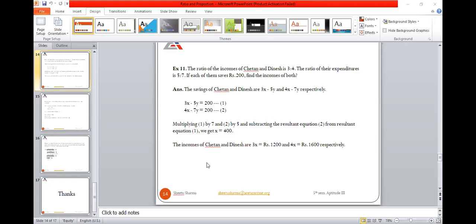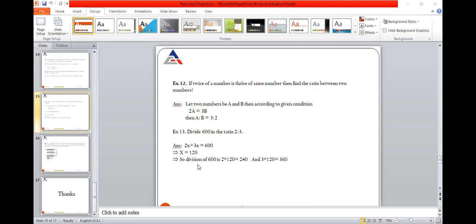After finding the value, we will get the value of x as 400. So substitute x equals 400 in the given ratio. So we get the incomes of both, that is 3x and 4x. 3 into 400, it will be rupees 1200. 4 into 400, it will be rupees 1600.